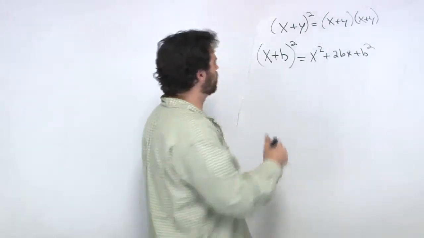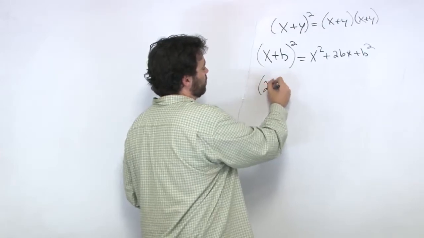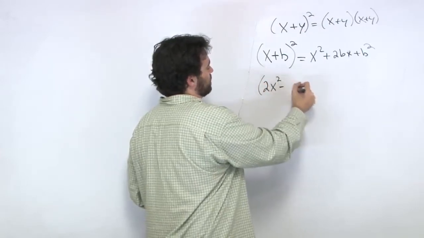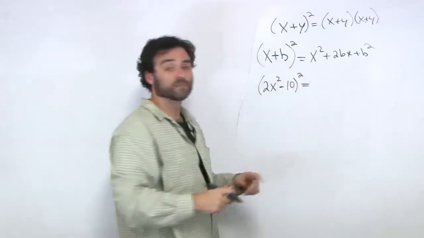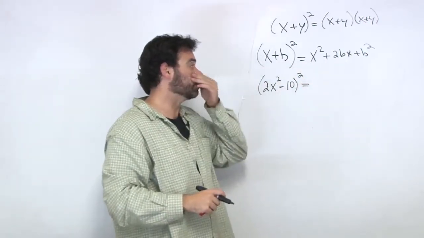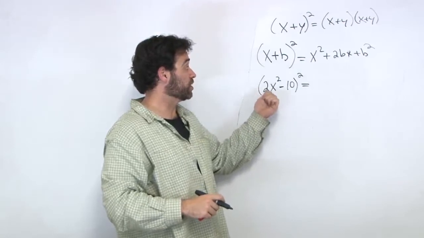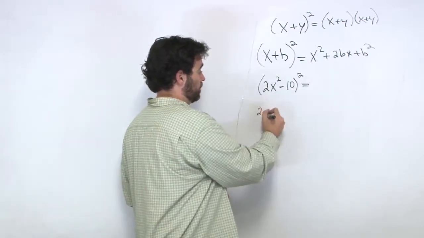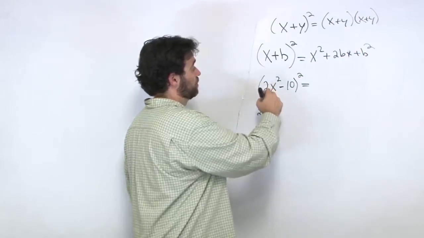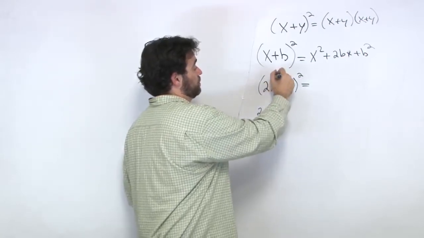Let's make it a little more interesting. Make this (2x squared - 10) squared. Okay? Remember, the first thing we're going to do is take our whole x squared. So we'll leave it x squared.